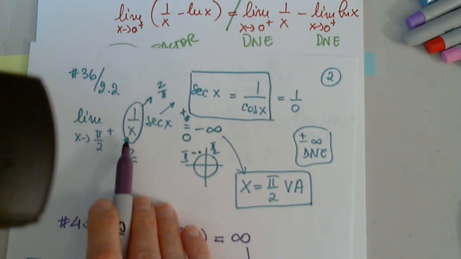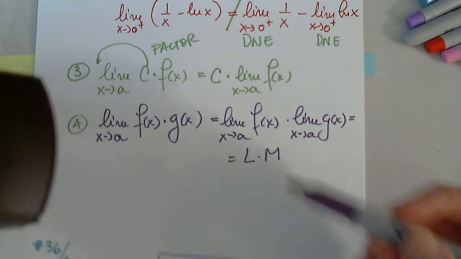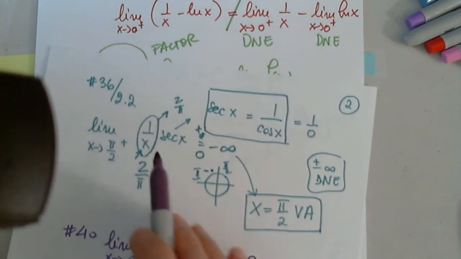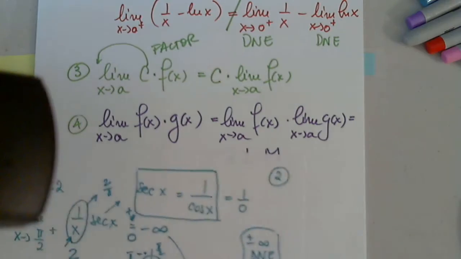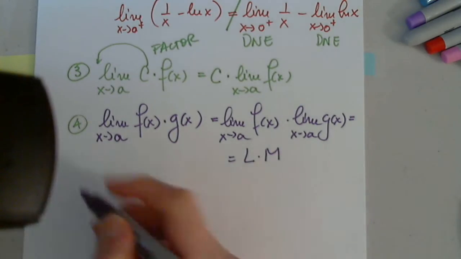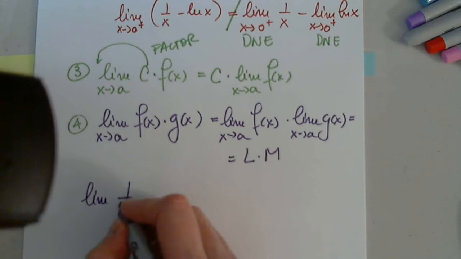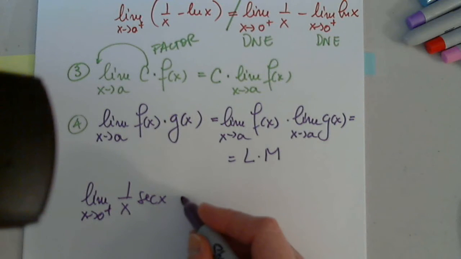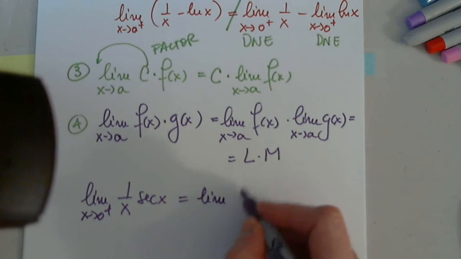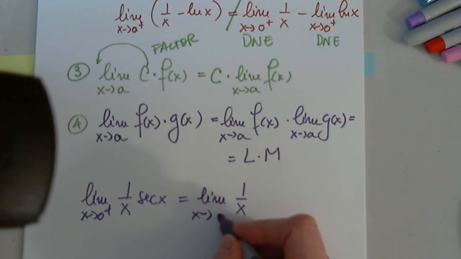We had a limit a minute ago, which was a product of a function 1 over x and another function secant x. 1 over x, secant x. So with your permission, I'm going to copy it again. Would you allow me to write this according to the limit law?